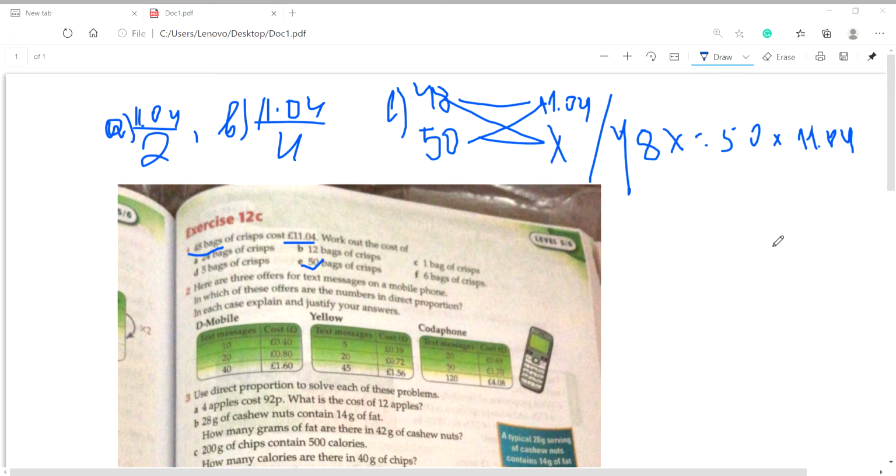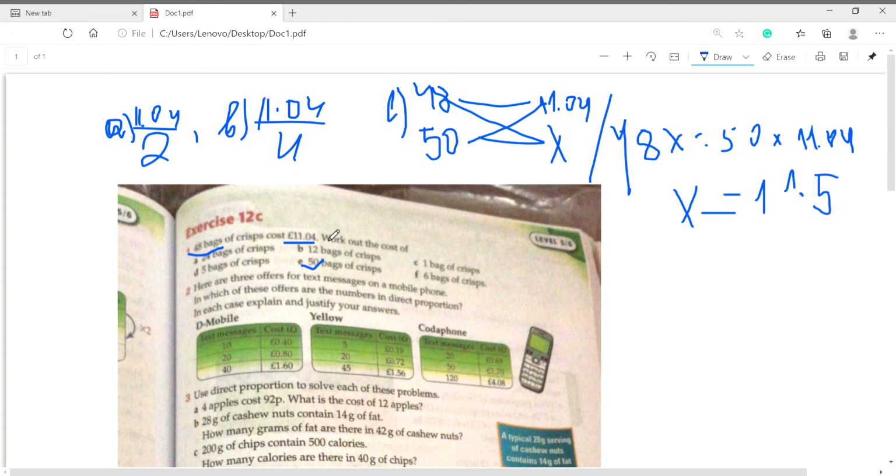So 50 multiplied by 11.04, and you divide this number by 48, and you get 11.5. That means X is equal to 11.5.